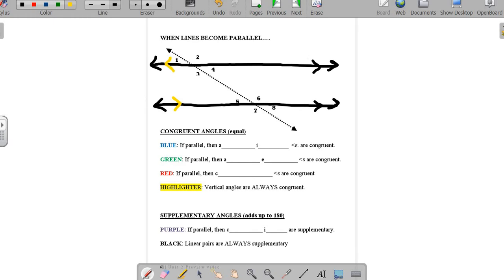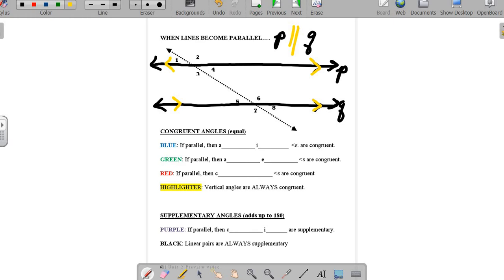But these little arrow feathers imply that the lines are parallel to each other. So let's name these lines. We're going to name them line P and line Q. And in this diagram, line P and line Q are parallel to each other. The symbol for parallel is a double backslash.